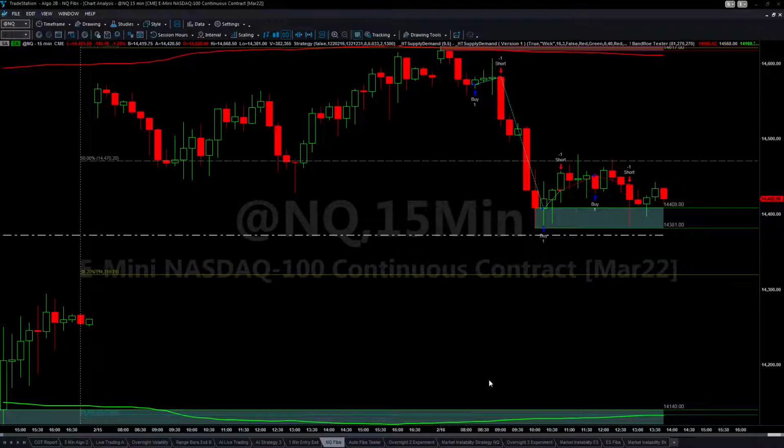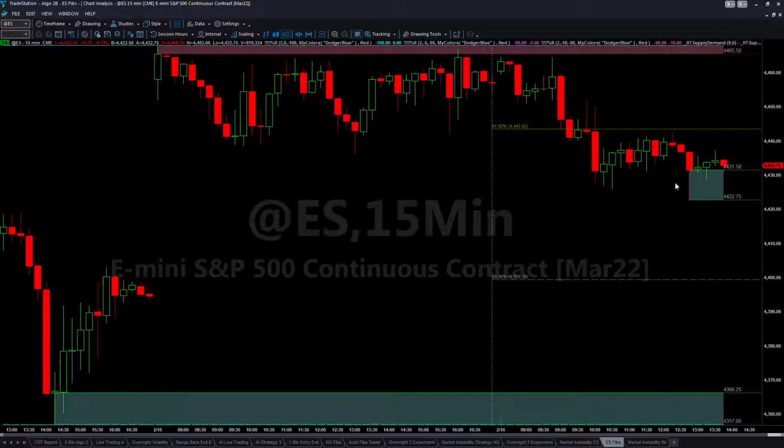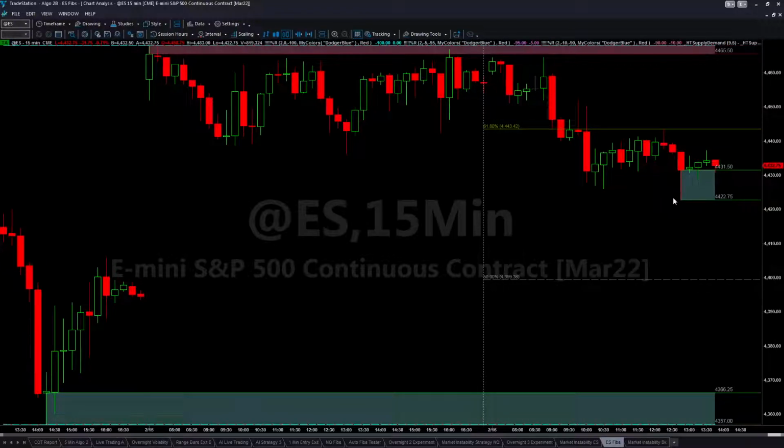See the ES fibs. We're right there, right where we started on the ES. This has been a tight trading range today, right here.